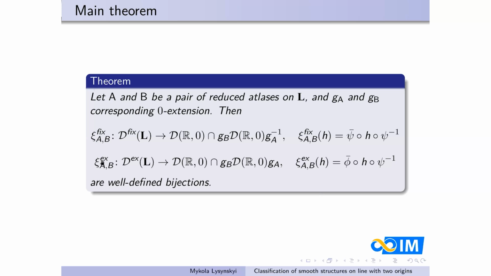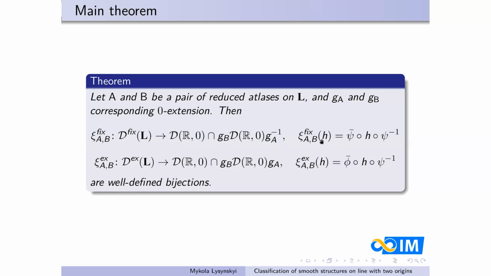Then the following two correspondences establish a bijection between the set of diffeomorphisms of L which fix the points, which we call branched points, and the intersection of the group of diffeomorphisms of R which fix 0 with the set G_B times Diff(R,0) and G_A to the power of minus 1.